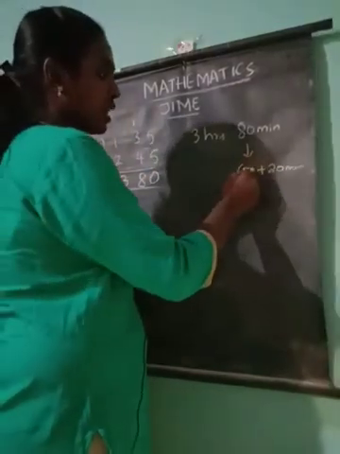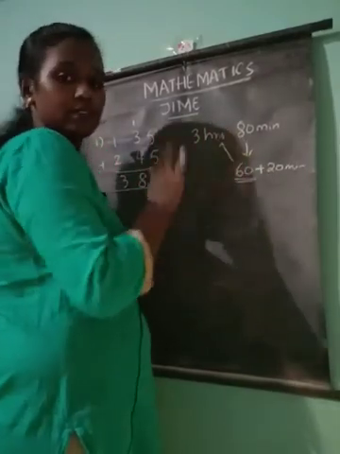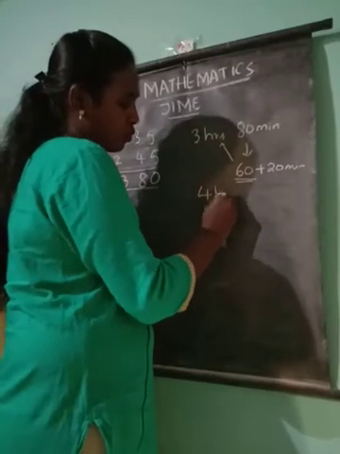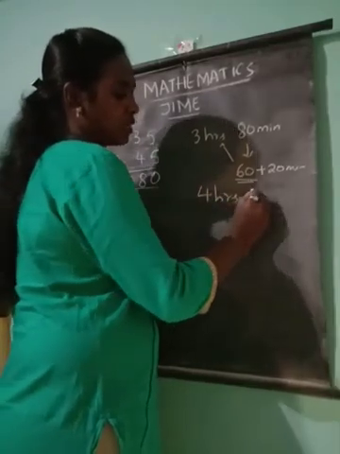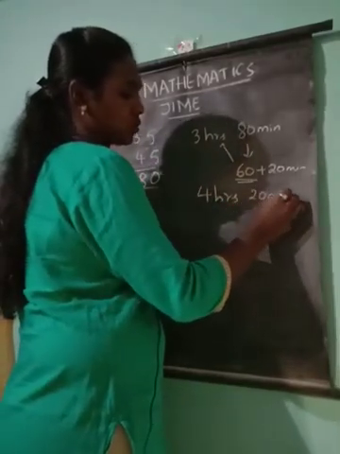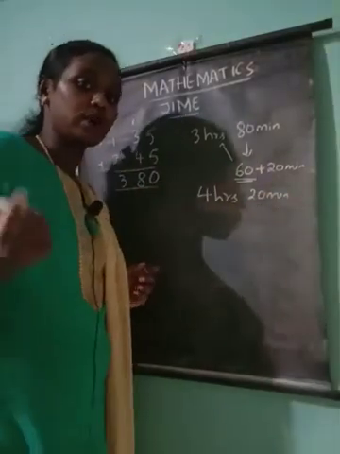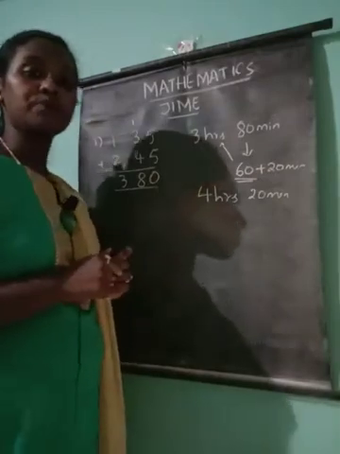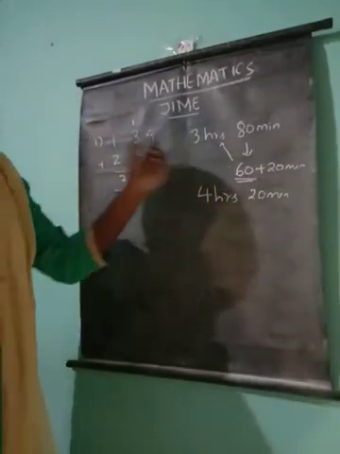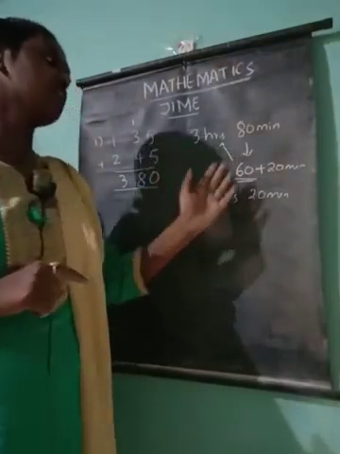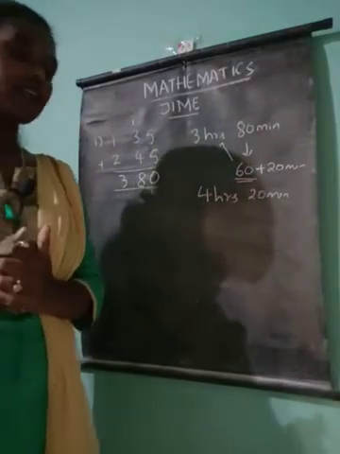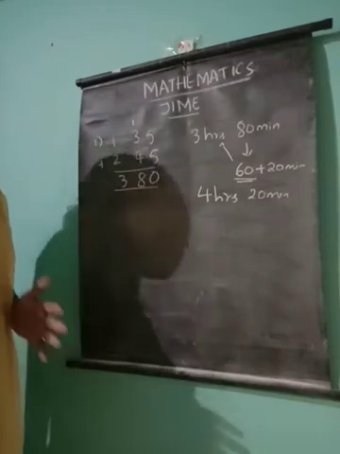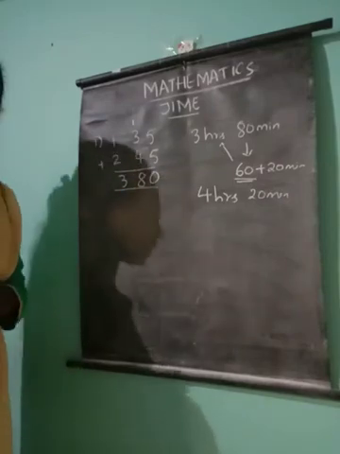So 3 hours will become 4 hours, and 20 minutes is left out. 20 minutes is not equal to 1 hour, whereas 60 minutes is equal to 1 hour. So after adding 1 hour 35 minutes and 2 hours 45 minutes, we get 4 hours 20 minutes.